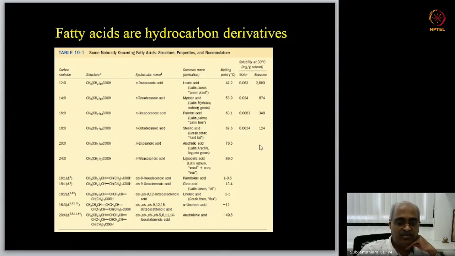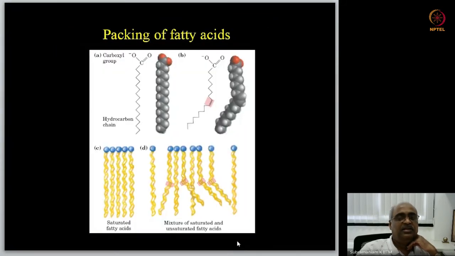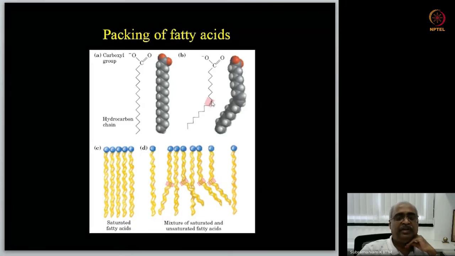So they are soluble only in hydrophobic solvents like organic solvents. Okay, so this gives you a space filling model, perspective diagram. And when you have a double bond, the rotation between these 2 carbons is restricted.